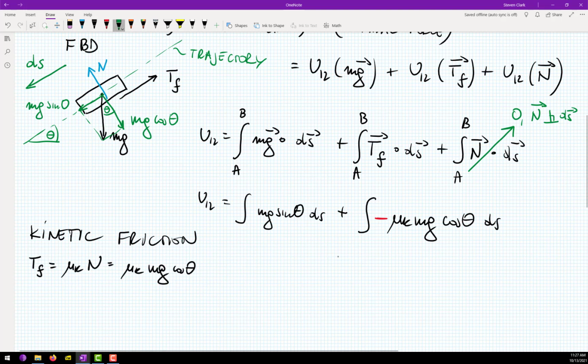And by the way, these guys are constant. This is all constant, and this as well. Cool, so we just need to find integration bounds. What are the integration bounds? Zero to D, perfect.